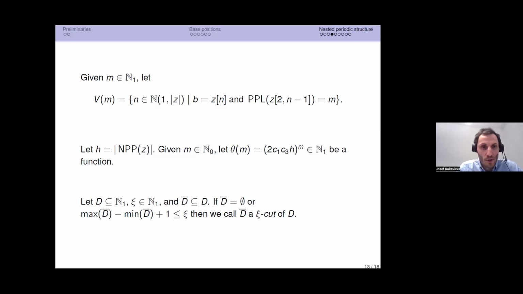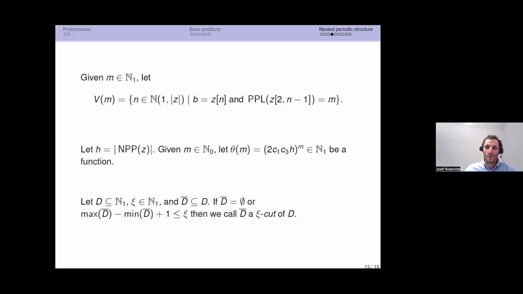Yeah, so I have a set of integers, and then I consider some subset of this set. And if the difference between the maximal and the minimal value of this subset is smaller than xi, then I say that this set D is a xi cut of the set D with bar.